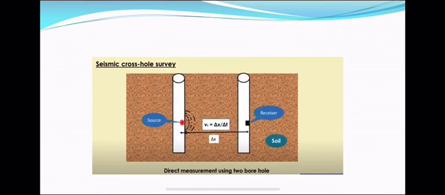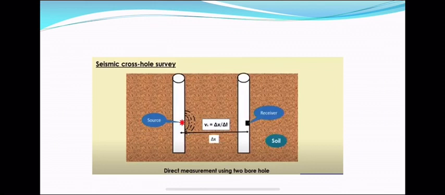You have to construct boreholes, but the other method is the seismic refraction test or seismic refraction survey, where you do not need to go for any borehole, which is a time saving process, and you can get the sub-surface properties of the soil.